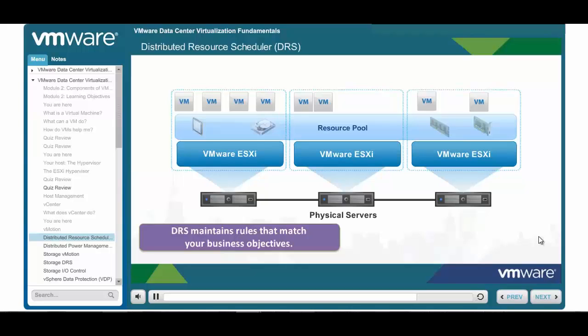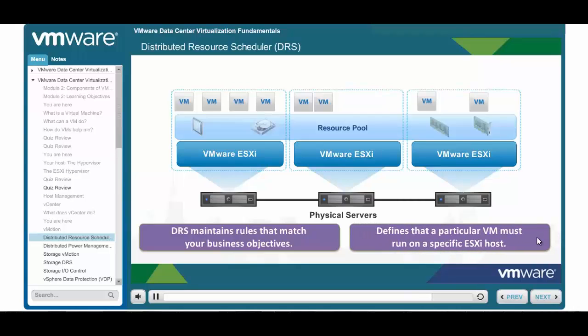These constraints are evaluated and enforced based on your configuration settings. You can even require that a particular virtual machine must run on a specific ESXi host. That can be very useful if you have hardware-based licensing. DRS provides a number of possibilities, but let's not stop there. Let's see how you can use DRS to save some real money.